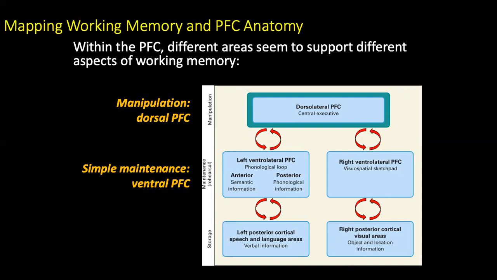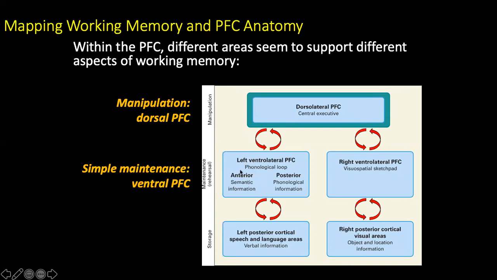Then we separate into different roles of the different hemispheres based on the type of information. The phonological loop, that verbal buffer for our working memory capacity, right, maintaining information, seems to be left ventrolateral prefrontal cortex. That seems to be the main component of our phonological loop. And there's even more.